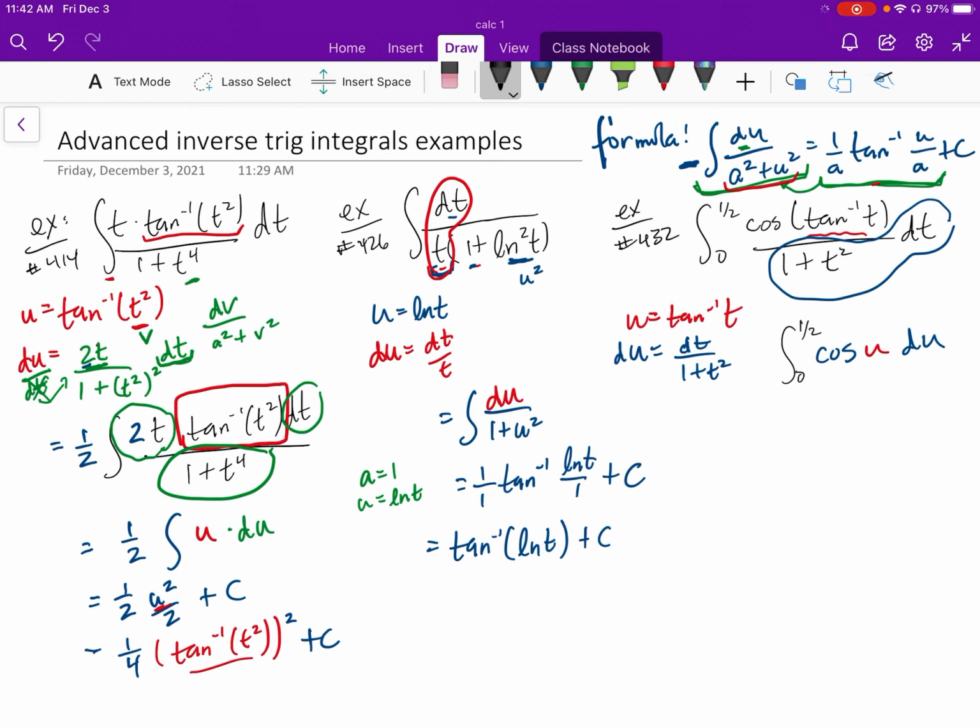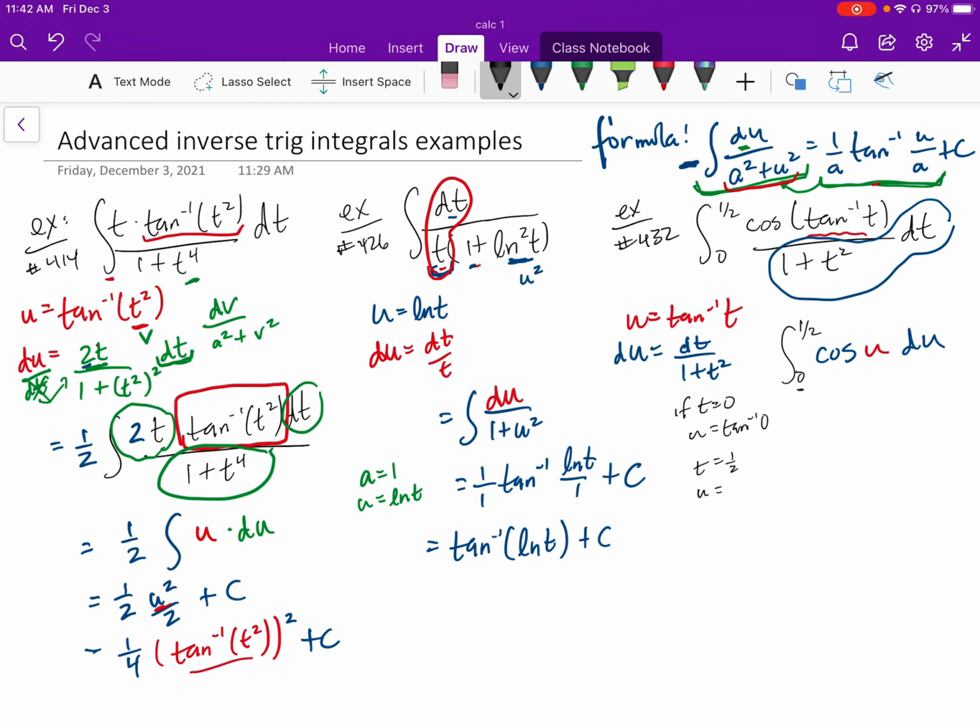Now, changing your bounds, that's completely up to you. It wouldn't save a whole lot of time in this one, so I'm going to skip that part. Normally, I would change these, right? Like if t is 0, then what is u, right? If t is 1/2, then what is u? Also, looking at this one, I don't want to change the bounds because this would say tan inverse 0.